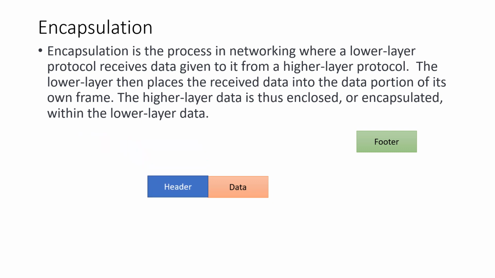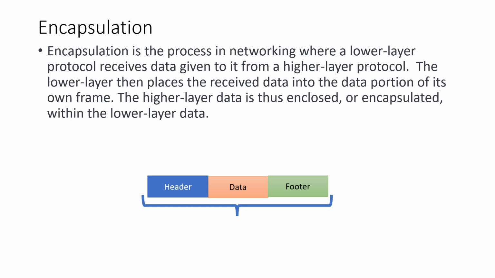We add a header to this data, and in some cases possibly a footer, which are designed to tell what to do with this data, and then we bundle these together. This can then be passed as a single entity to the next lower layer, which will handle this entire bundle as the data which it will then also add a header and possibly a footer to.